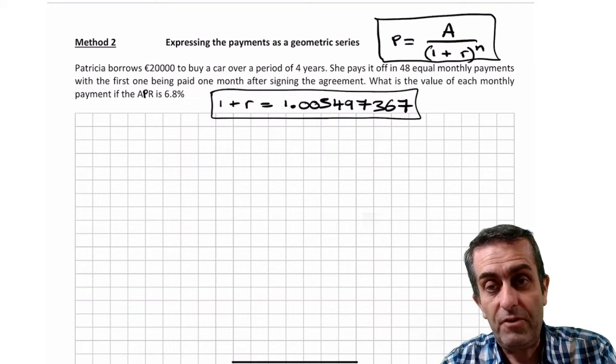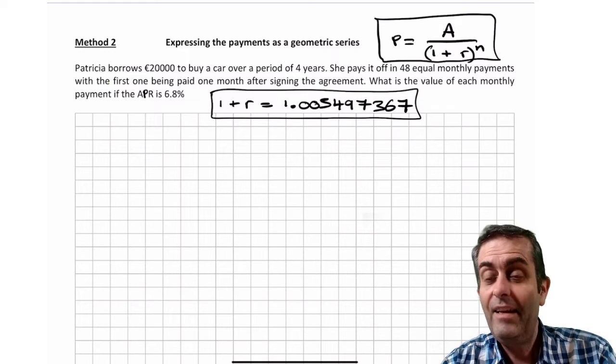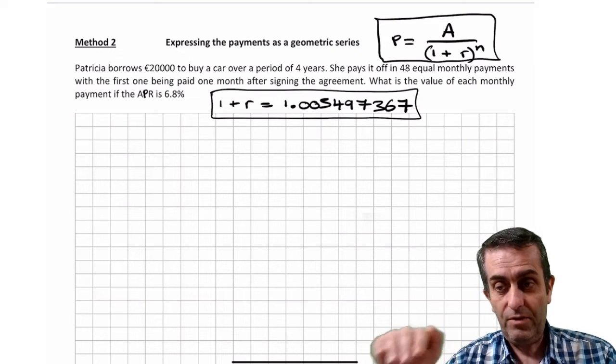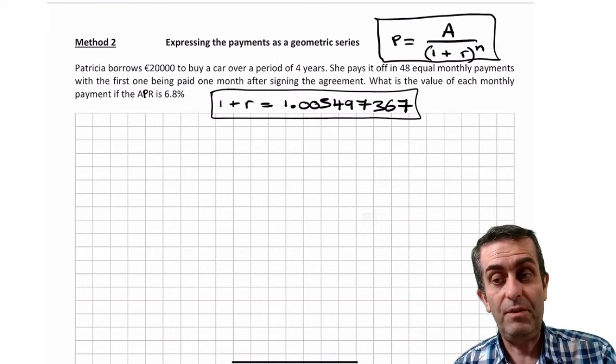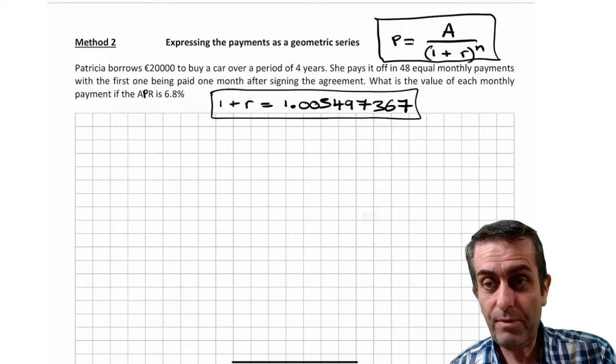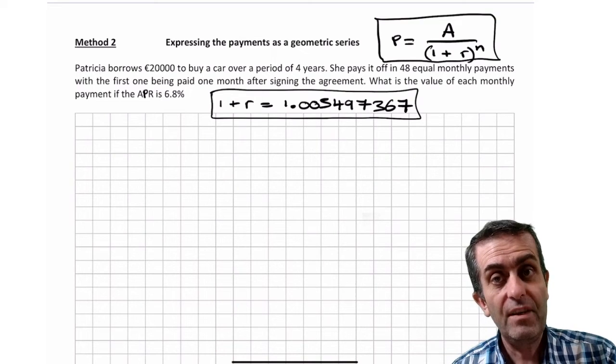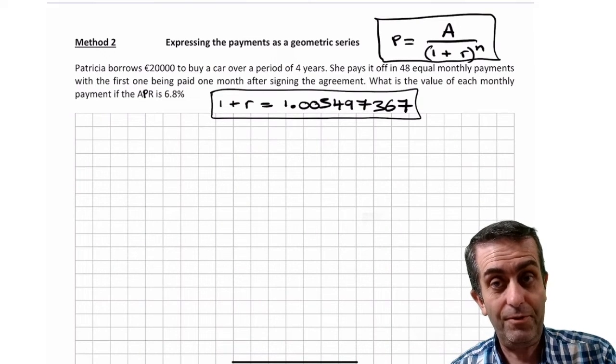And that's why in video number 1 for savings accounts, we multiplied by 1 plus little r to the power of n. However, in a loan account, we know that the value should be going down. So in this situation, you should be dividing. So remember, if you multiply things, the value goes up. If you divide things, the value goes down.